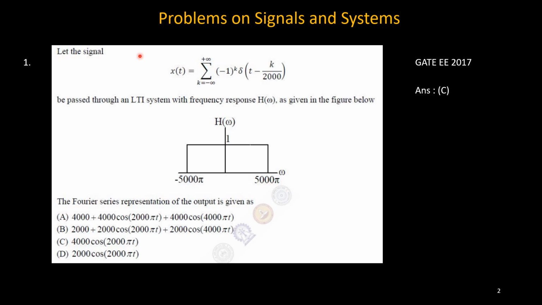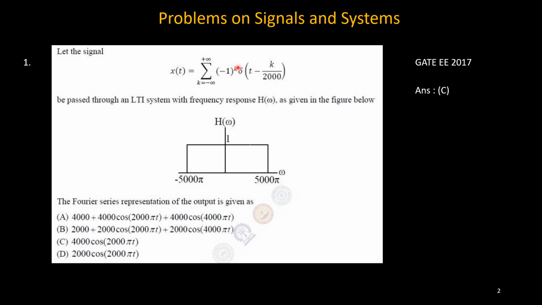The problem is given here. Let us consider one signal x(t). It is the summation of (-1)^k δ(t - k/200). So this is a series of impulse signals, but alternating.